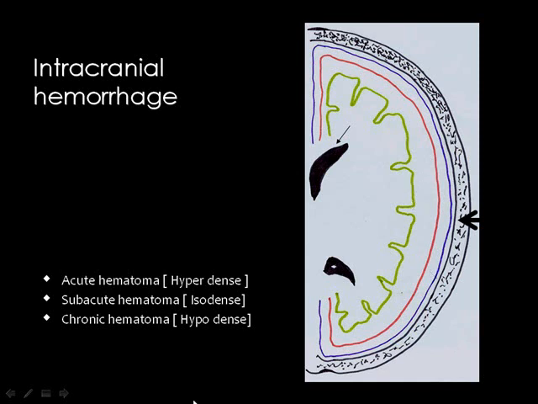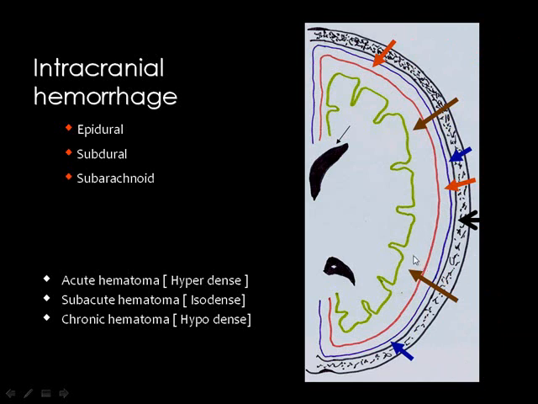Number one, hemorrhage may occur between the skull and the dura, and this is known as extradural or epidural hemorrhage. It may occur underneath the dura, and this is known as subdural hemorrhage, or below the arachnoid, and this is known as subarachnoid hemorrhage.